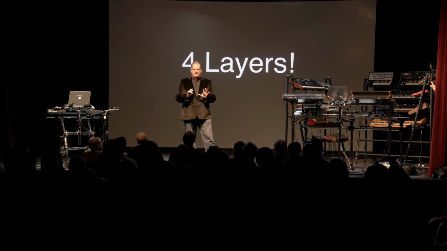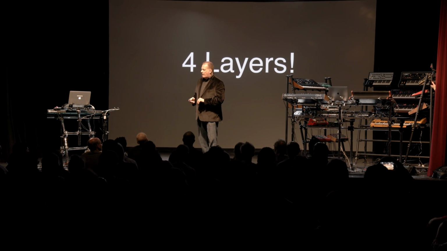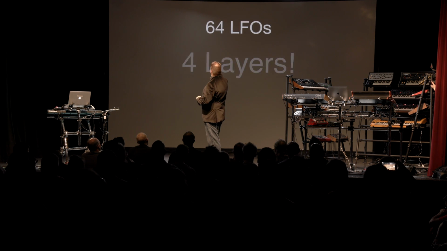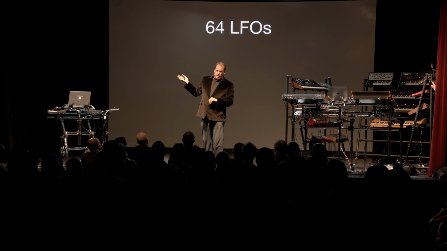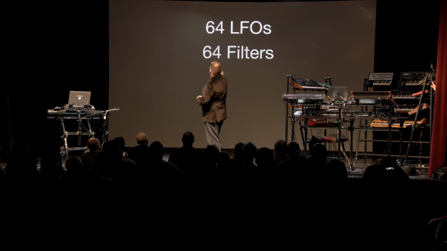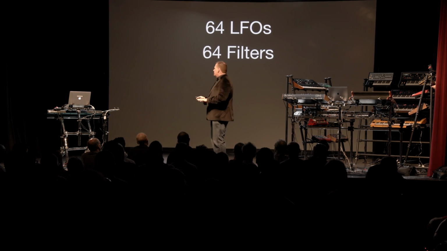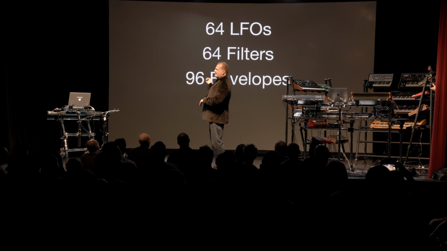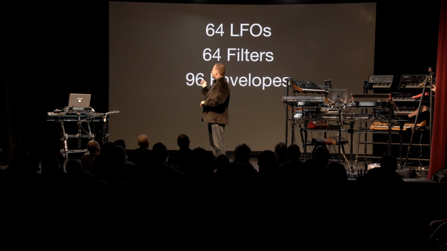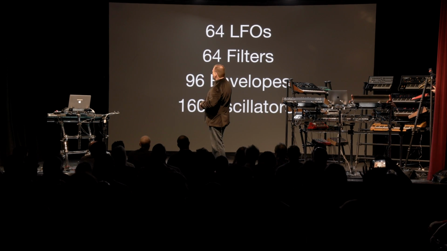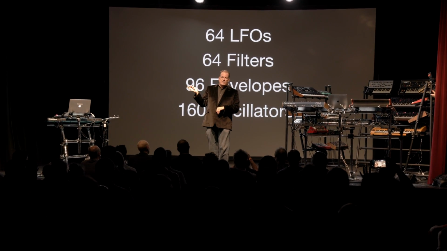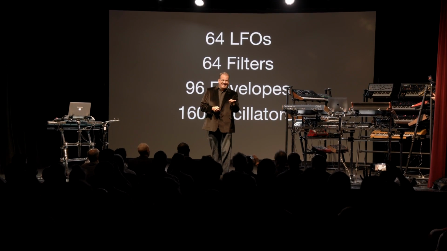Just think of this: a single instance of Omnisphere now includes up to 64 LFOs, 64 simultaneous filters all running at the same time, 96 complex envelopes, and 160 discrete oscillators per note.